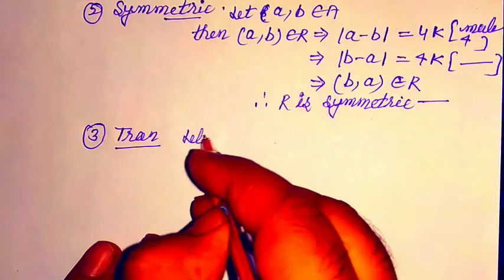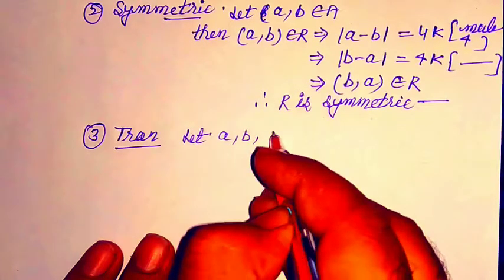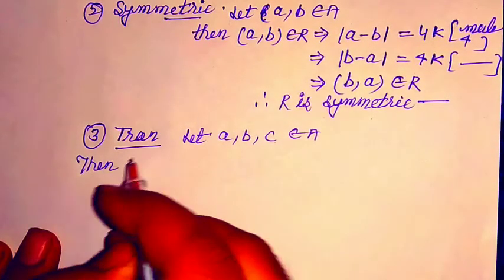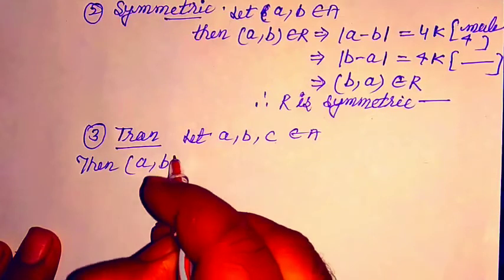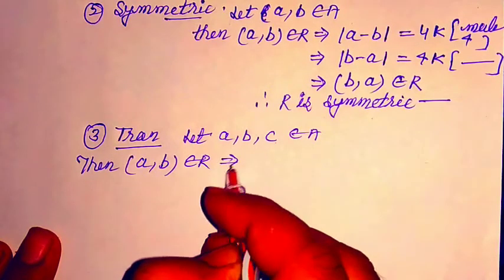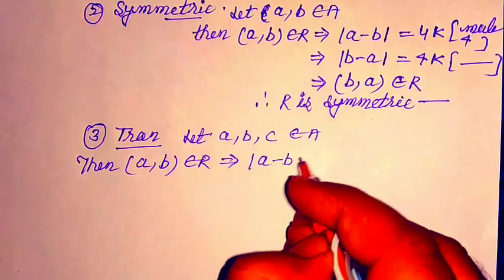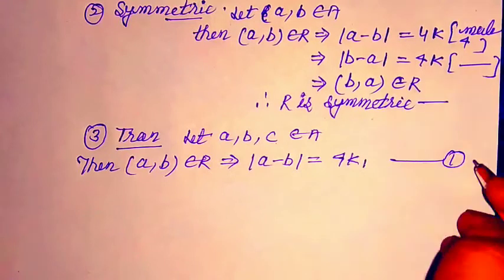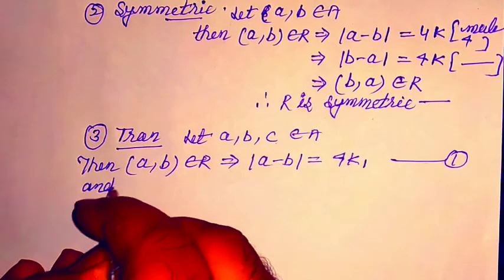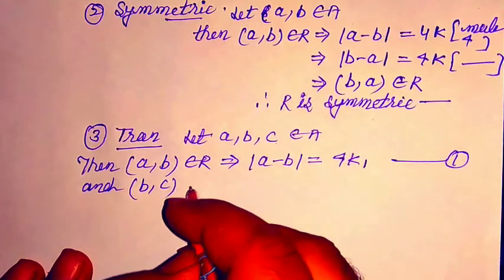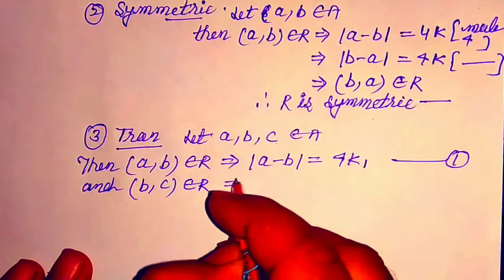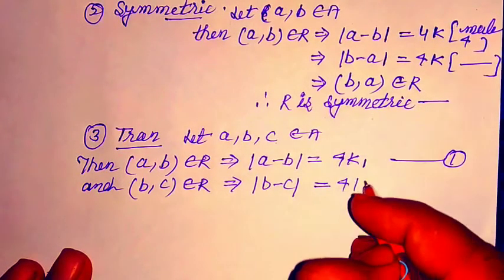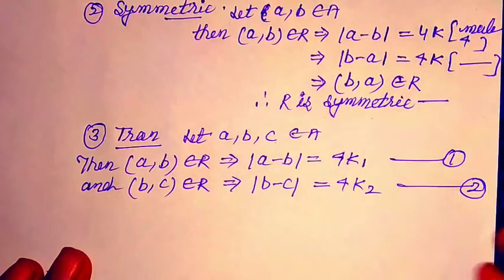Isn't it? Now next, the third part, we can see transitive. Let a, b and c belong to set A, then (a, b) belongs to R. So what is our relation? a minus b is a multiple of 4, we can write 4k1, equation 1, and also (b, c) belongs to R, so we can write here b minus c equals 4k2, equation 2.